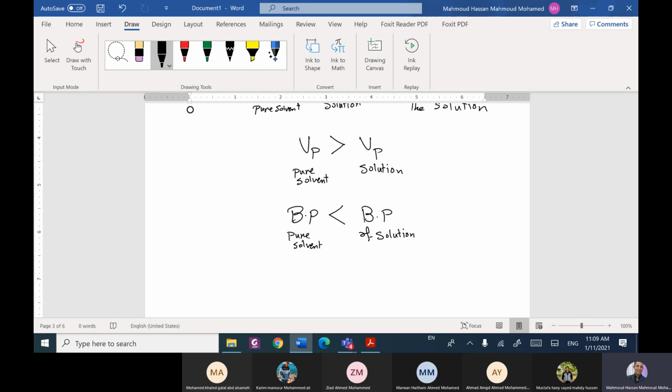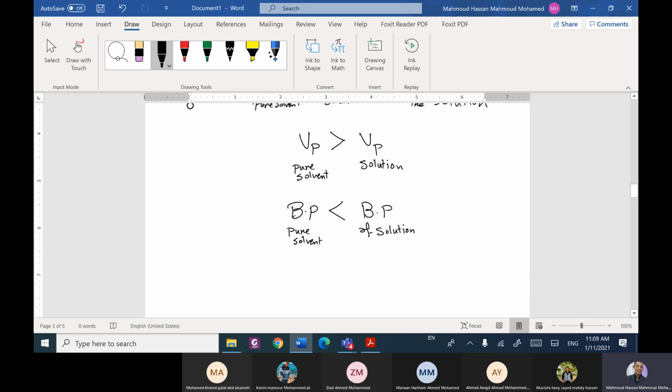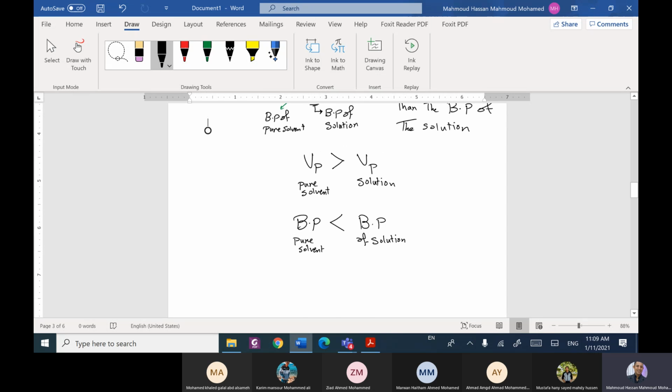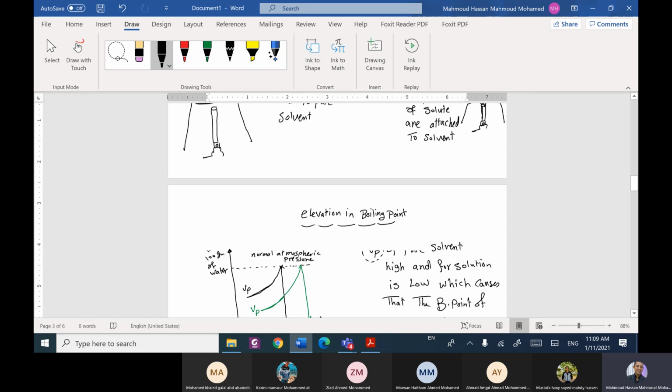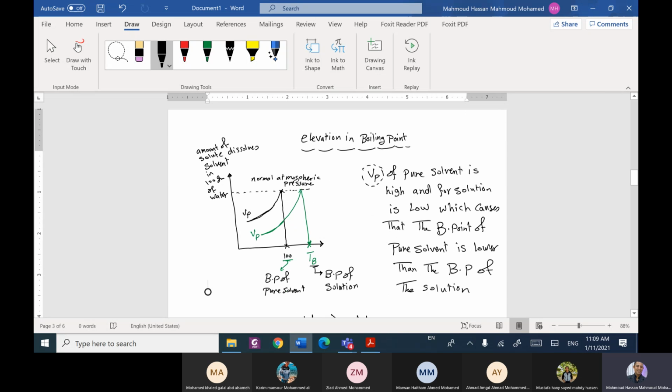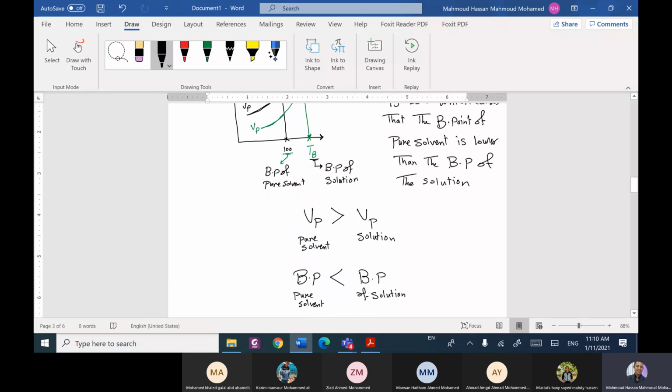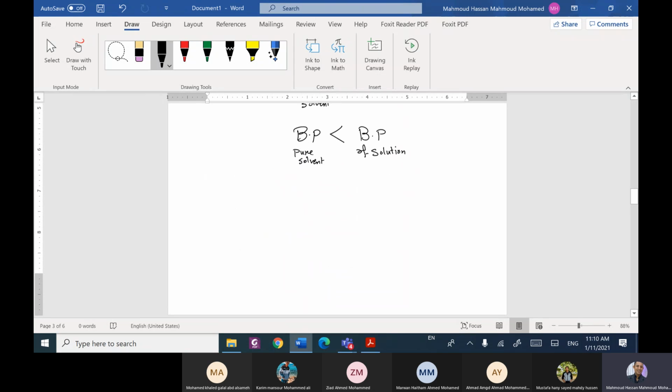Return back to the third property. The third property is elevation in the boiling point of the solutions. The more solute particles are dissolved in my solvent, the more the boiling point increases.